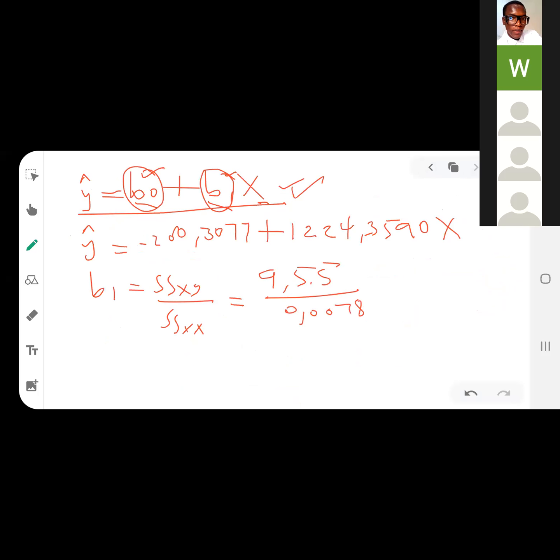You press this on your calculator, you give me the answer. 9.55 divided by 0.0078. What is the answer? 1224.3590. You see, it's the same as this one, meaning our answer is correct.